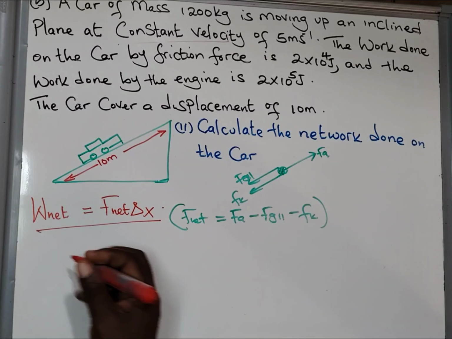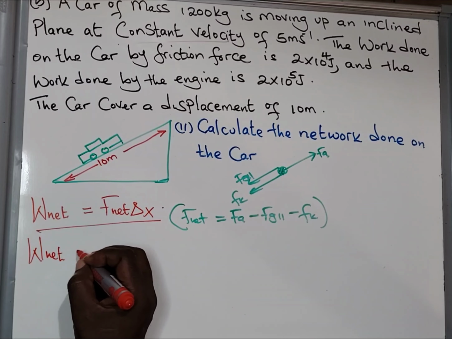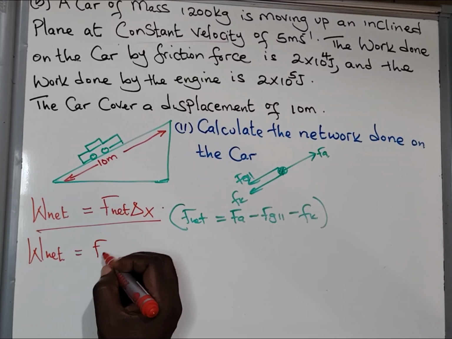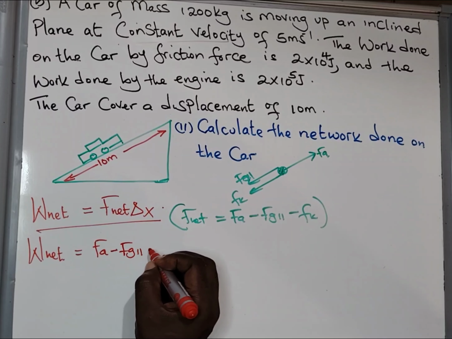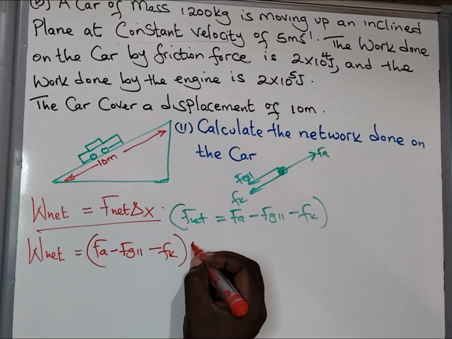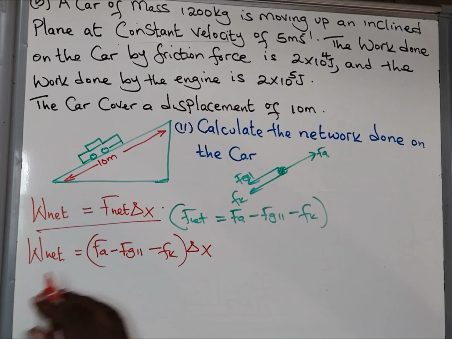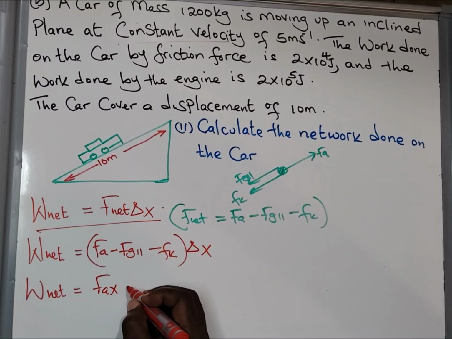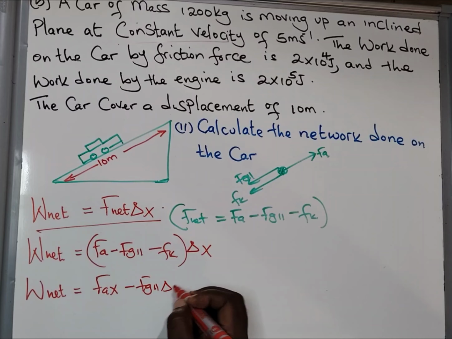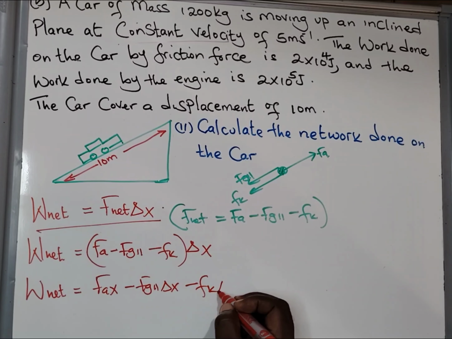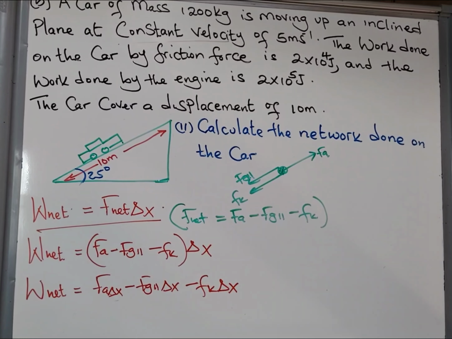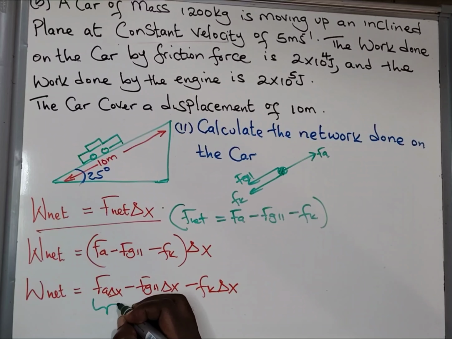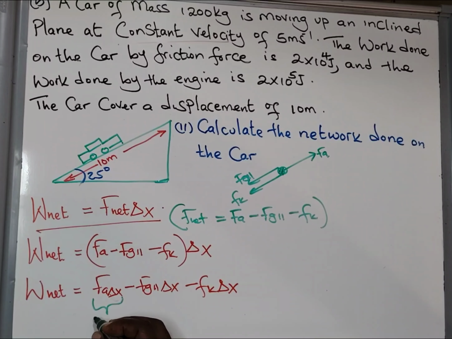When you substitute F net here, we get net work done as FA minus FG parallel minus FK, into delta X. When you expand this, you get net work done equals FA delta X minus FG parallel delta X minus FK delta X. Every time you have a force multiplied by displacement, what you get is work.